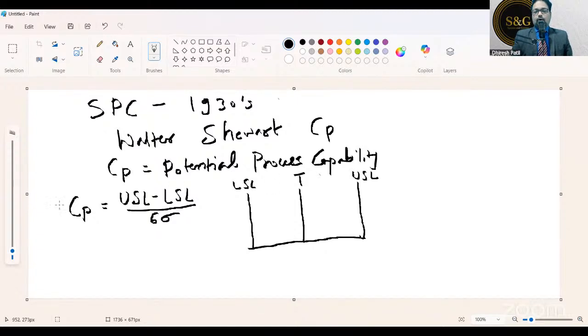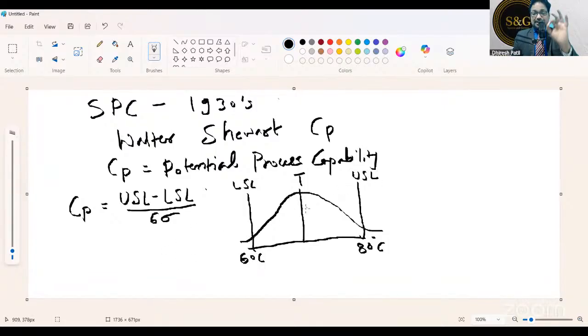Now let's imagine there is a process like this. I've collected some data, and for this process the upper specification limit is, let's say, 80 degrees centigrade. The lower specification limit is 60 degrees centigrade.